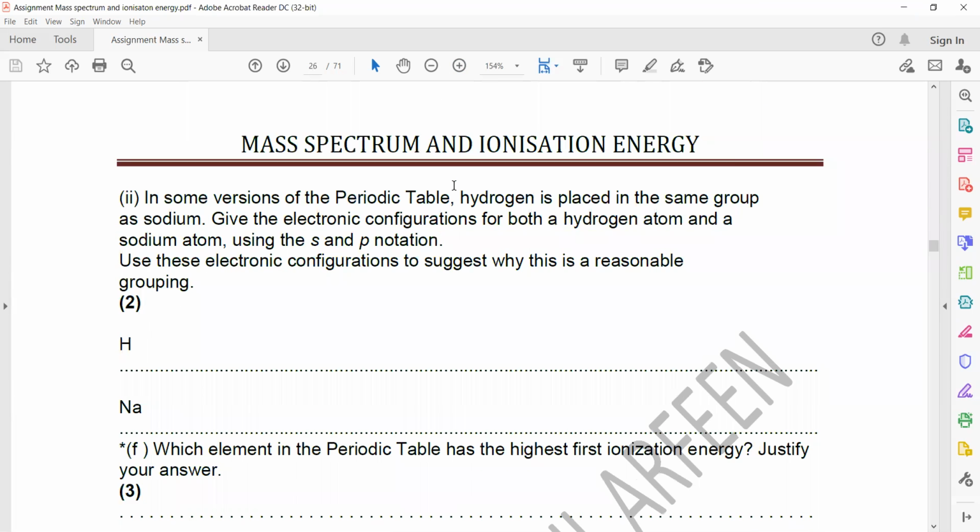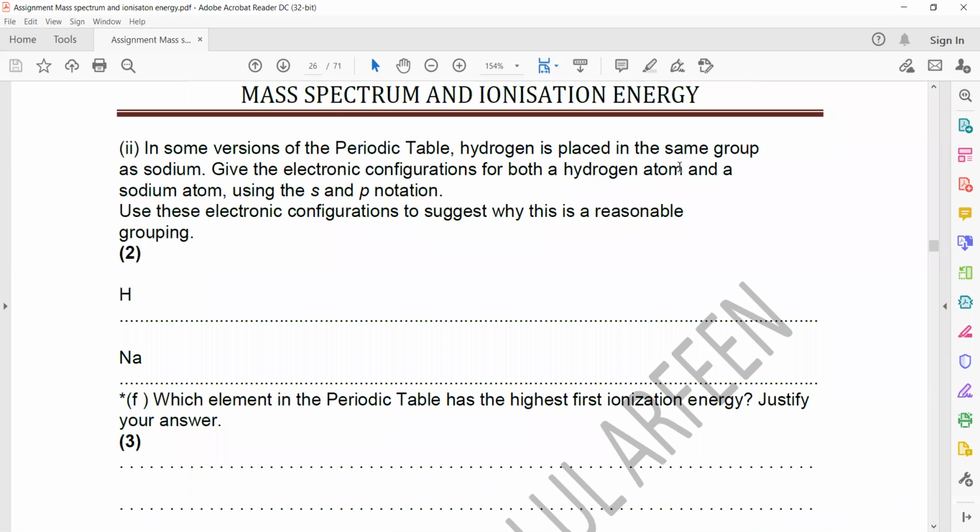In some versions of the periodic table, hydrogen is placed in the same group as sodium. Give the electronic configuration for both the hydrogen atom and the sodium atom using s and p notation. Use electronic configuration to suggest why this is reasonable.